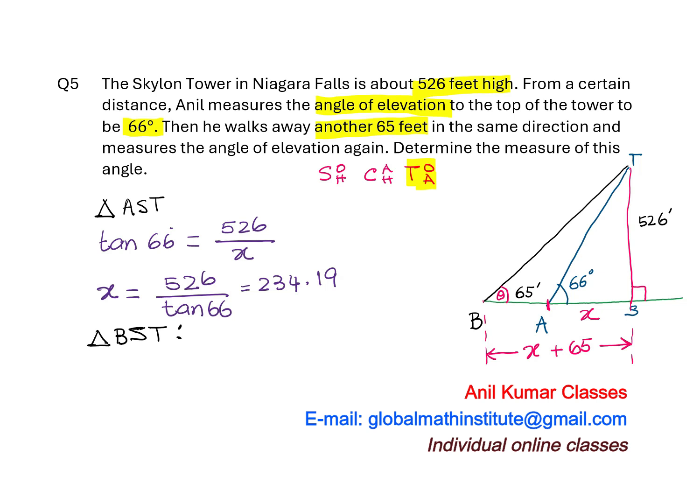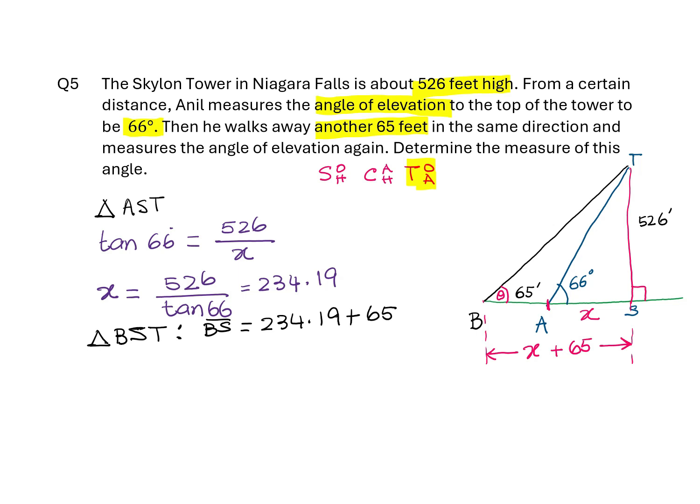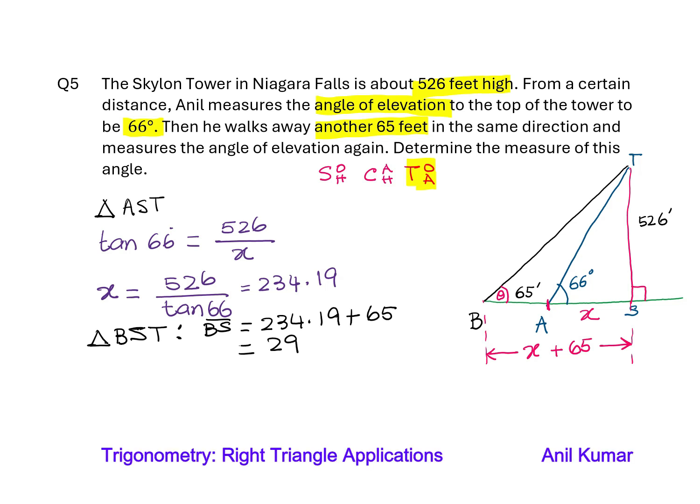And in this triangle, we know now that B to S, this distance, is x plus 65, which is 234.19 plus 65, correct? So we'll add 65 to this, and we know it is equal to 299.19. Clear? So that is the base BS.